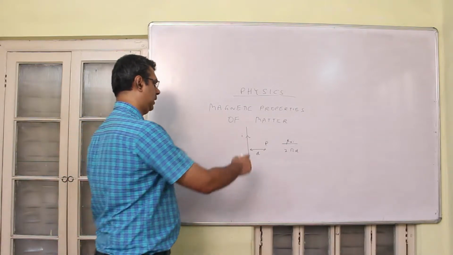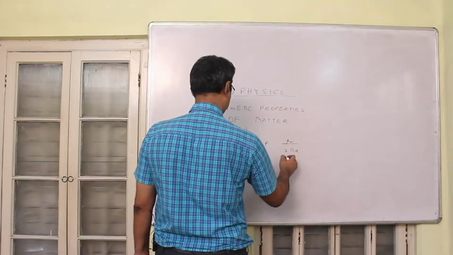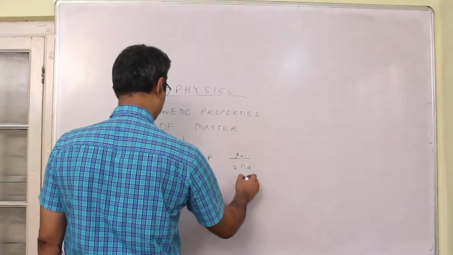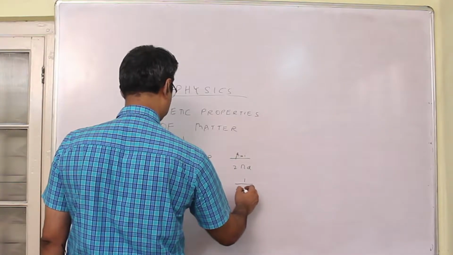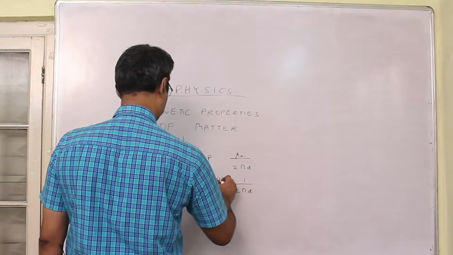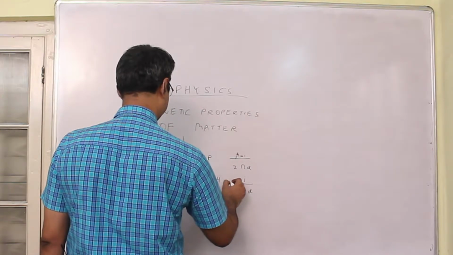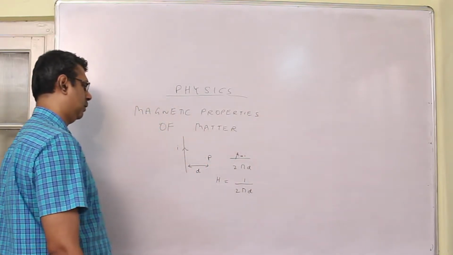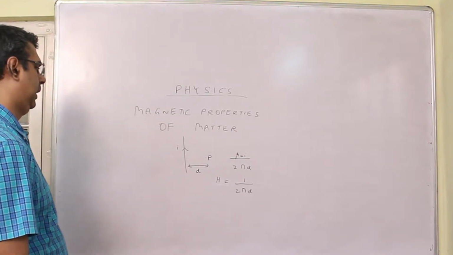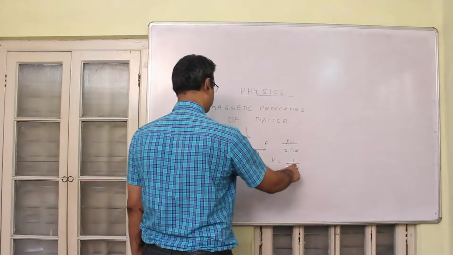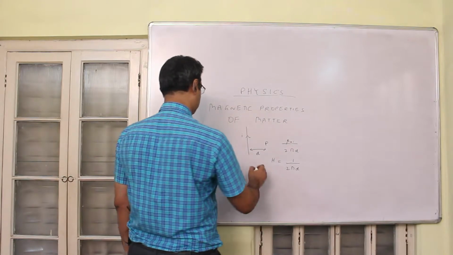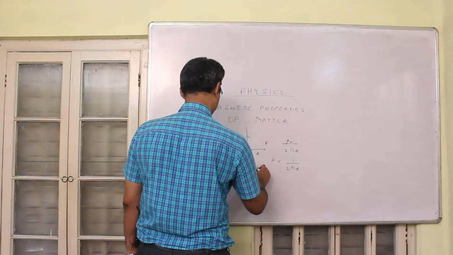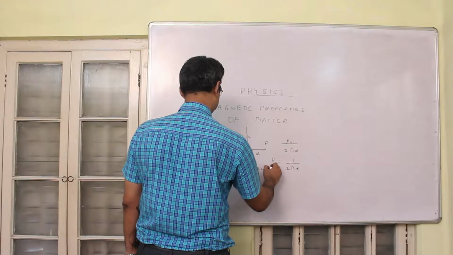So this is the field at the point P. Now the thing is, if you remove mu naught, then this expression I by 2 pi d, this is known as magnetic intensity.